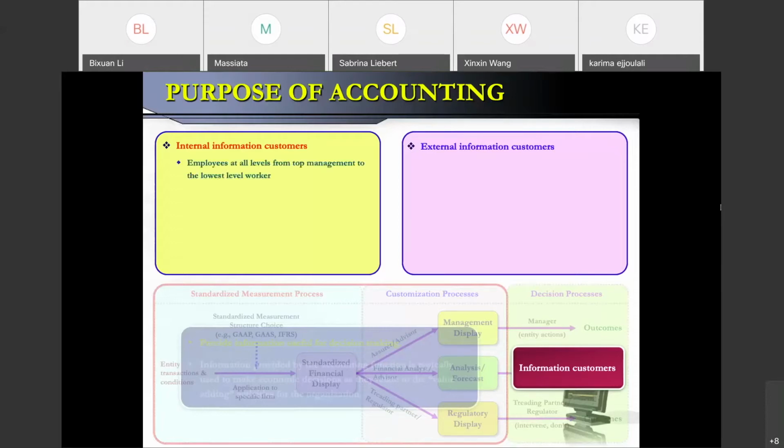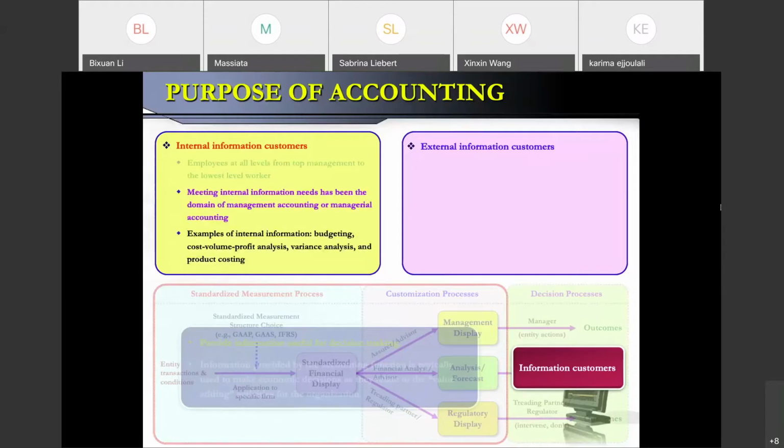Okay. So I listed some of the items that you guys may find interesting, right? Internal information: employees, management. This internal information is in the domain of management accounting, or managerial accounting, like budgets, cost-volume-profit analysis, variance analysis, and product costing.